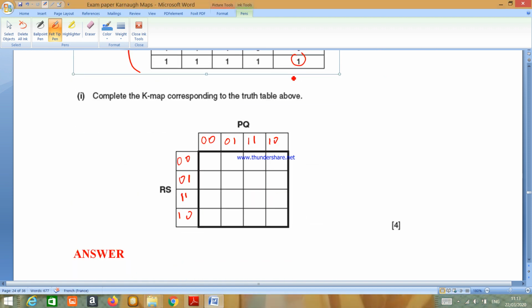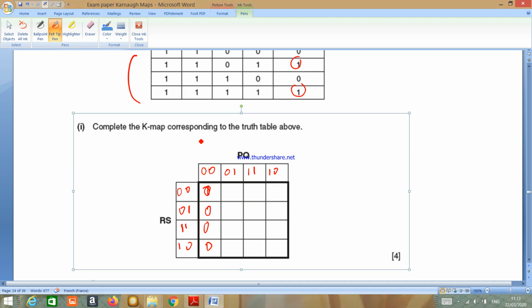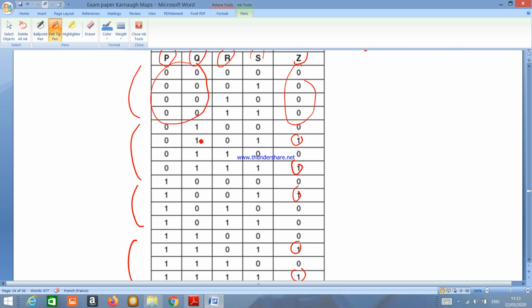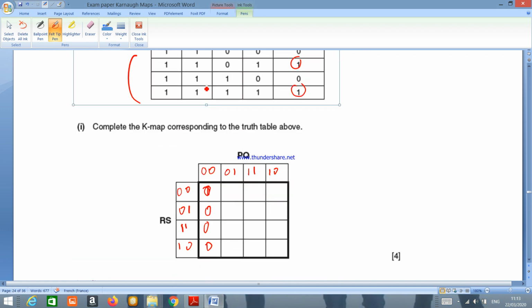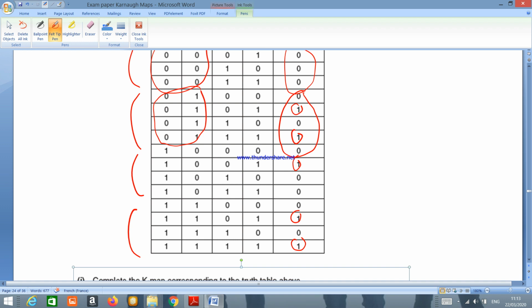If we go like this, PQ 0, so this is 0, 0, 0, and 0. Next, we try the next one. These 4 terms where P is 0 and Q is 1. So we are supposed to write 0, 1, 0, 1.